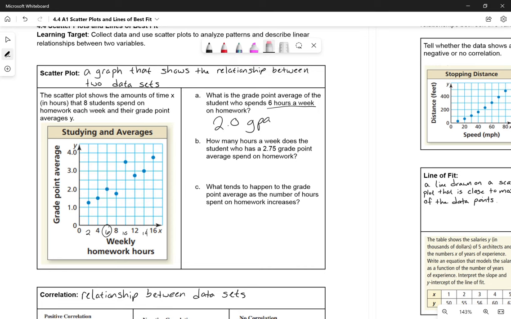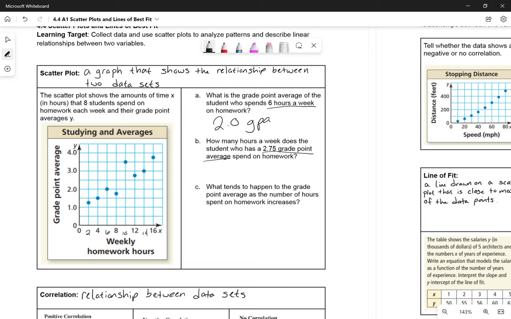B is asking us how many hours a week does a student who has a 2.75 grade point average spend on homework. So that lets us know we need to look at our y-axis because it's talking about grade point average. So if we look here, we can see that it looks like it's going up by 1s, but there's a space in between.